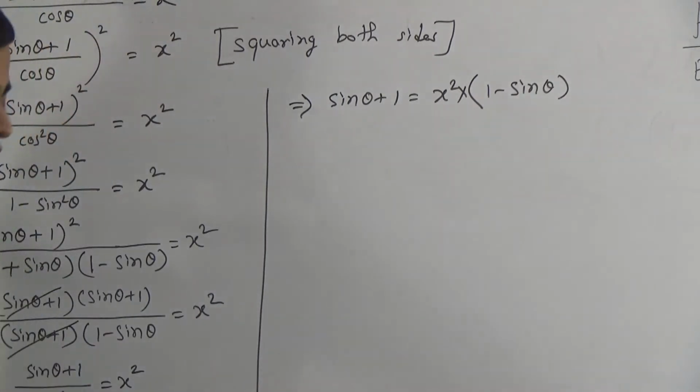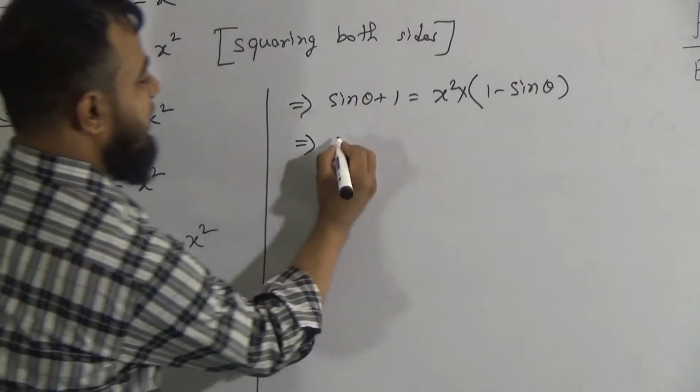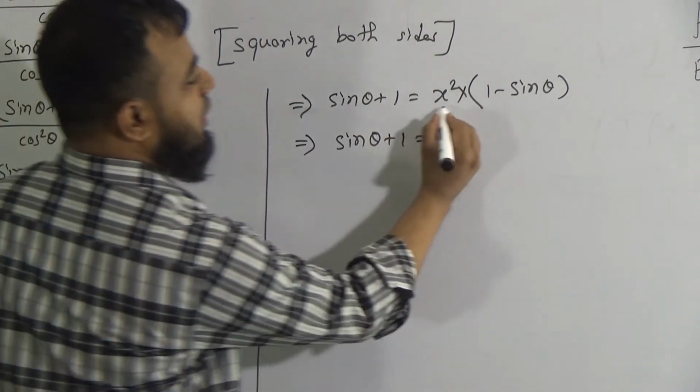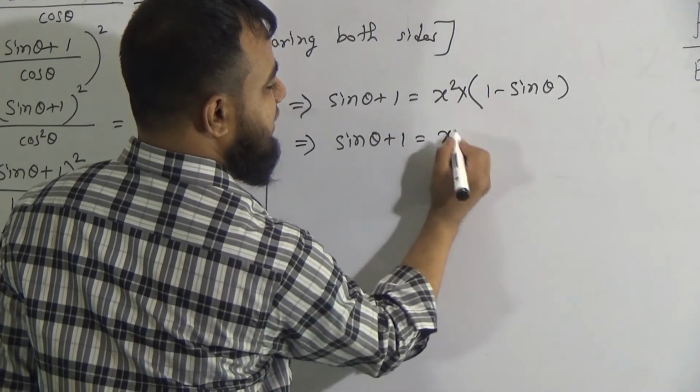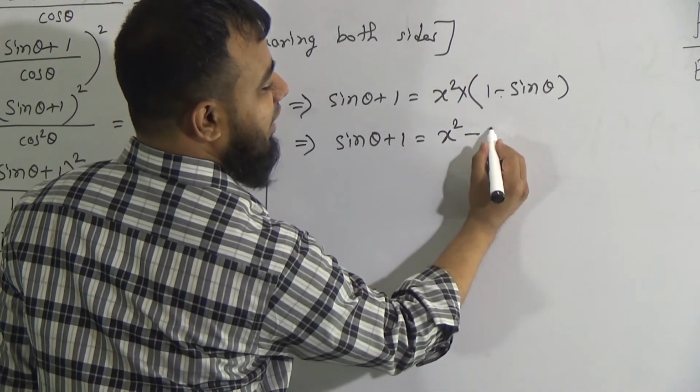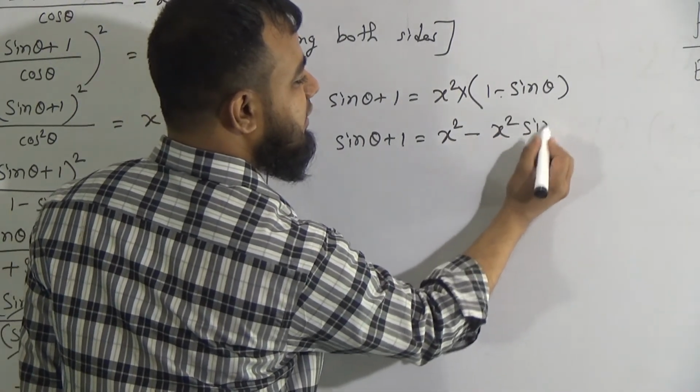Now it's a simple multiplication. In the left side we have sin theta plus 1 remain unchanged. Now x square multiplied with 1 is x square. X square is also multiplied with minus sin theta, so it will be minus x square sin theta.